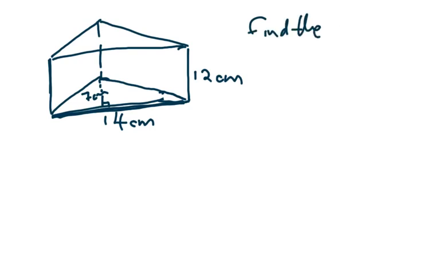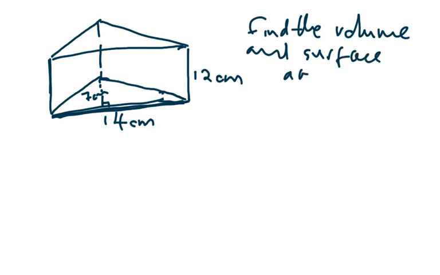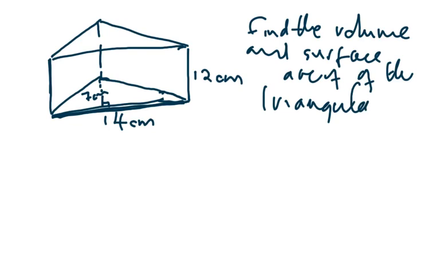Question 1. Find the volume and surface area of the triangular prism.